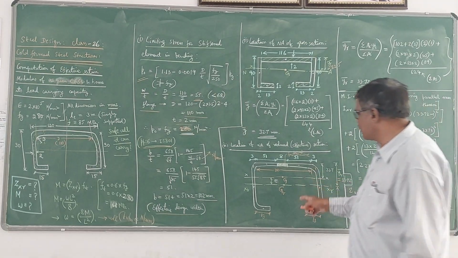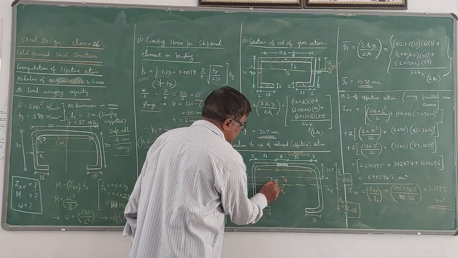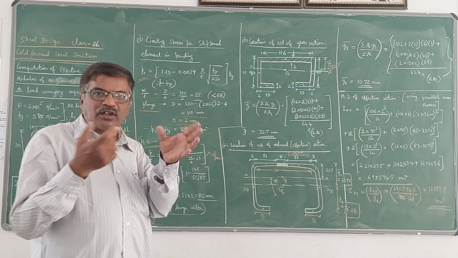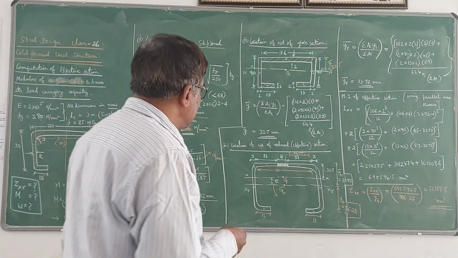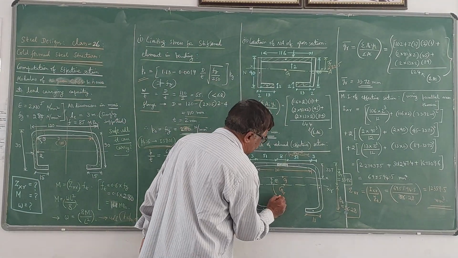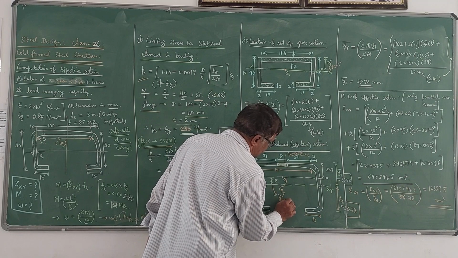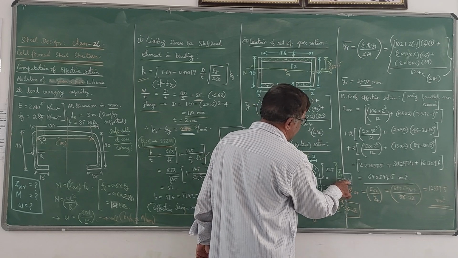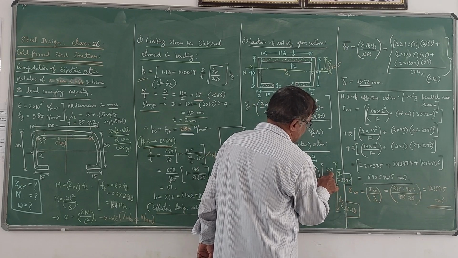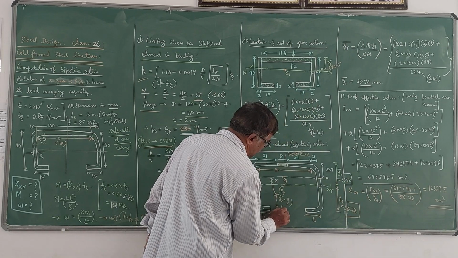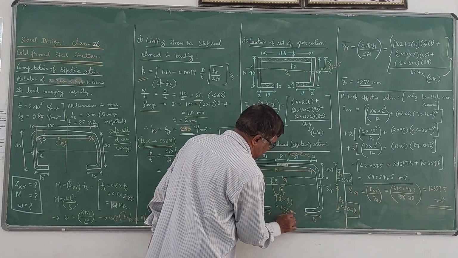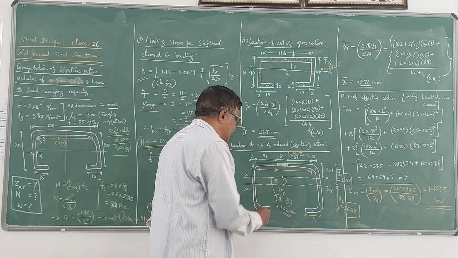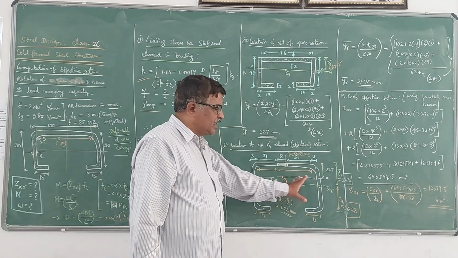So the eccentricity, the distance between the centroid of the gross area and the effective area, is E. So E is nothing but YR bar minus Y bar. That is 33.72 minus 32.7, which is 1.02. So 1.02 mm is the eccentricity between the centroid of the gross section and the effective section.